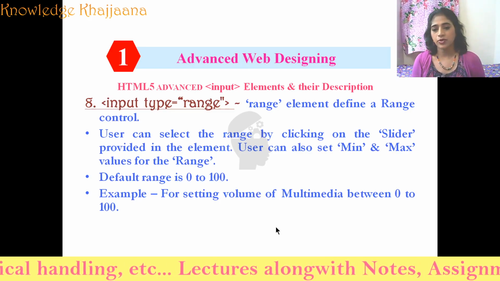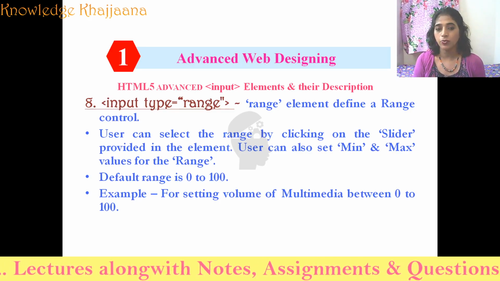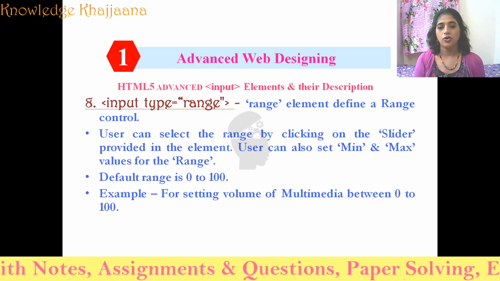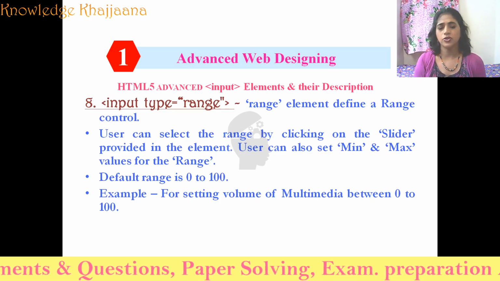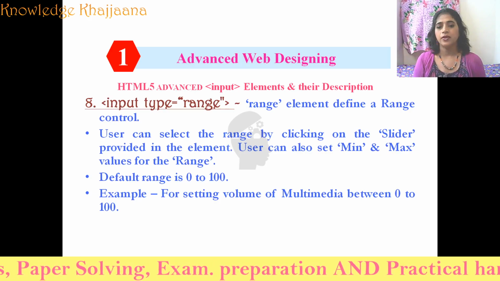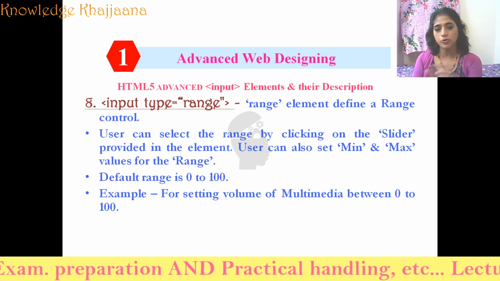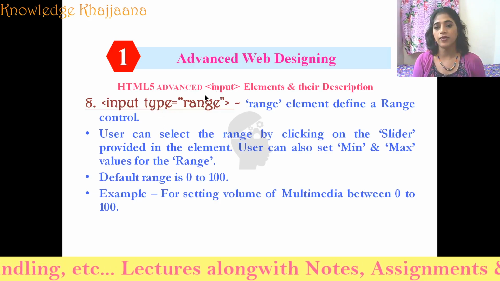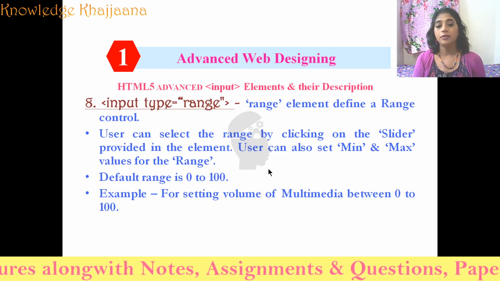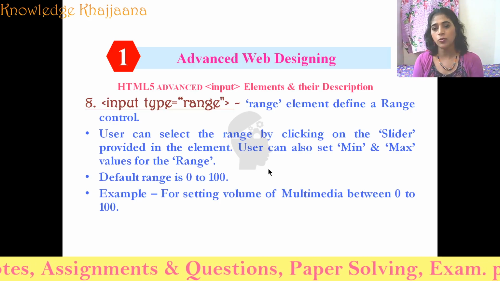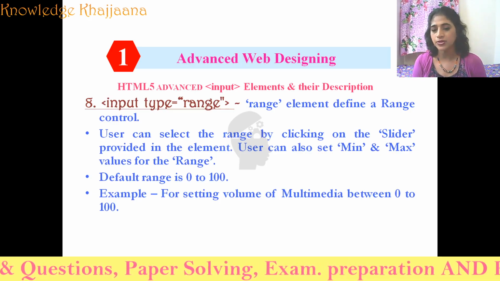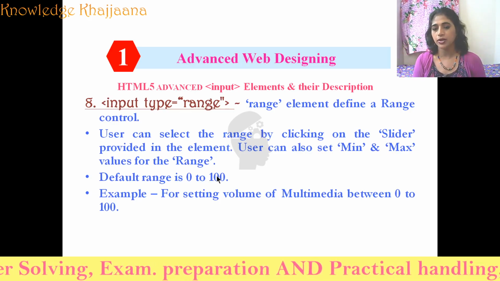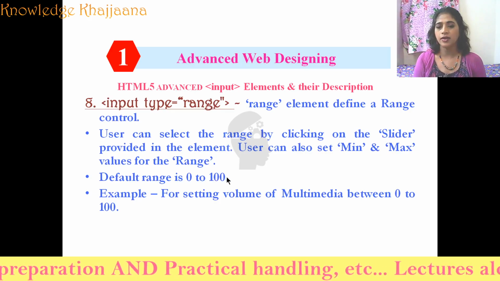The good example for this, if you want to set the volume of the speakers or the television or whatever multimedia you are using, then how you set the volume using a slider? A slider is provided by using the advanced element range. The minimum value for that volume is 0 and the maximum value is 100. 0 means mute.